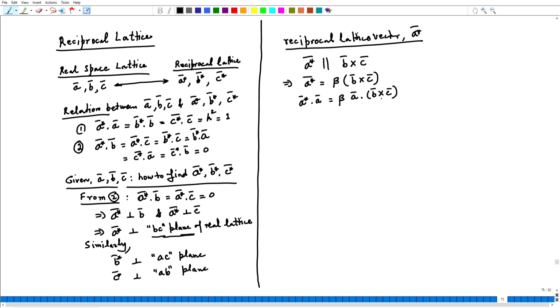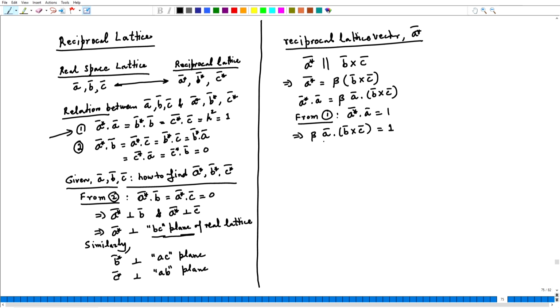Well, we already have defined from the set of relationships 1, I have A star dot A equals 1. Therefore, beta times A dot B cross C must also be equal to 1.